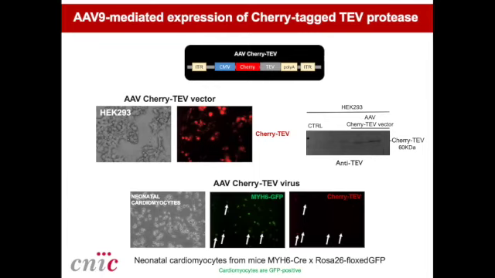So we decided to move on to neonatal cardiomyocytes. We infected this model of neonatal cardiomyocytes, in which we have the positive green fluorescence for the cardiomyocytes, and we are able to see the expression of TEV in these cardiomyocytes, as you can see with the arrow.